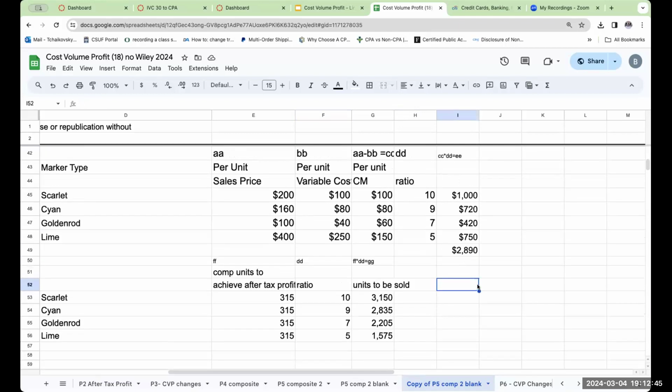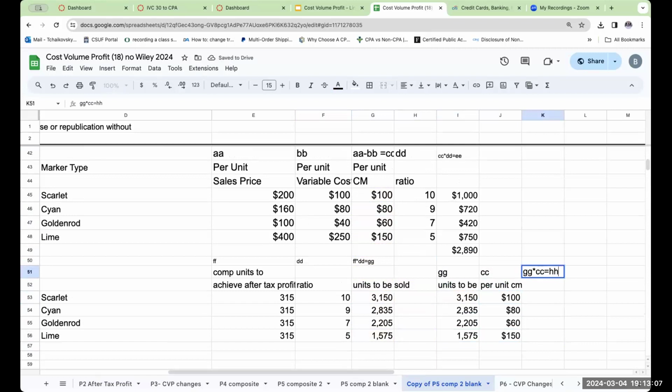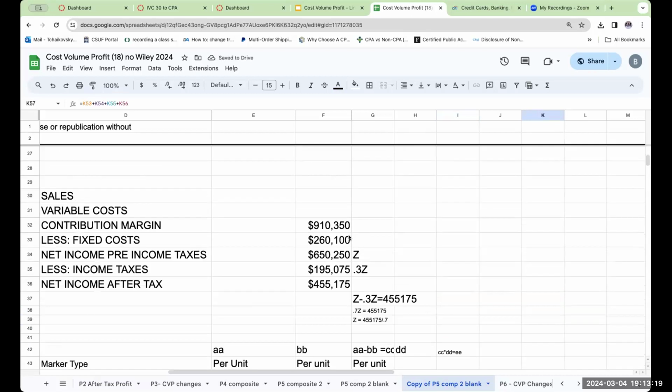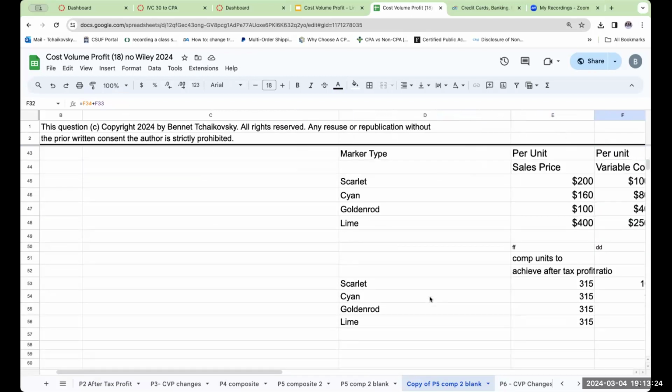So if I take the units to be sold and multiply this by my per unit contribution margin, what I'm going to get is my total contribution margin, 910,350. That's what equals my contribution margin. So I know I got the right result. That's probably the best way to go through and do this.